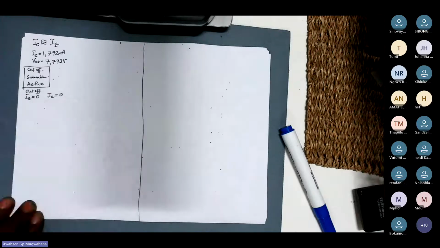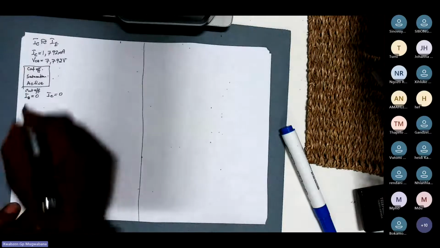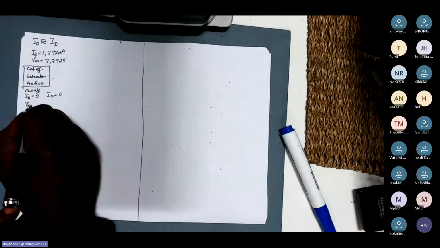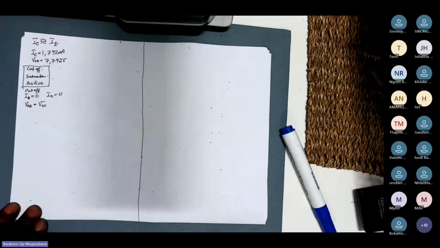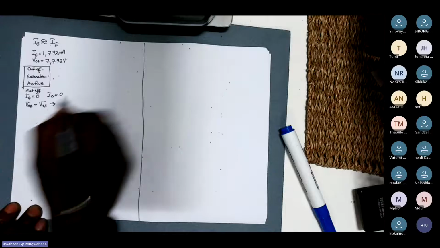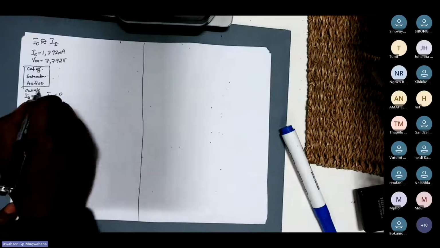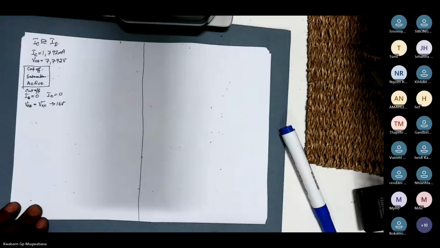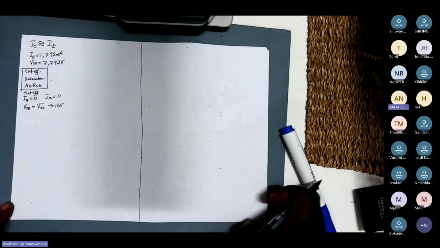If both these conditions exist, then your VCE is equal to your VCC. This is equal to 16 volts, which means you are at cutoff. Am I making myself clear?